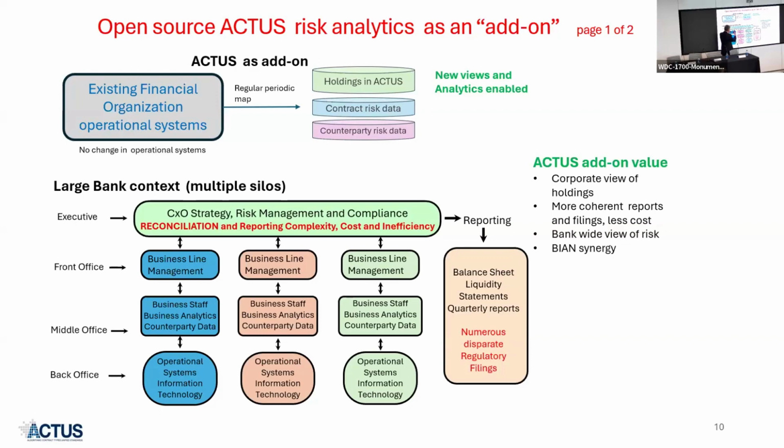It's not only true that each of these departments have their own risk models, but within each department, there are different risk analyses performed by business line management, counterparty data, and so on. So the point is to emphasize that risk modeling is very complex and very fragmented. So it's extremely important to show that ACTUS doesn't care. If you have your contracts in ACTUS, you can have as granular risk modeling as you want, applied across all three, up and down and across.